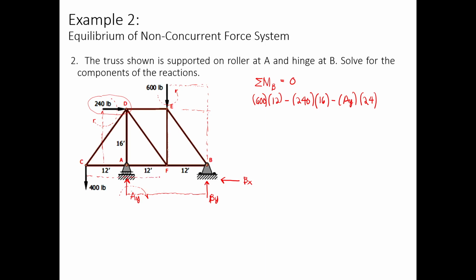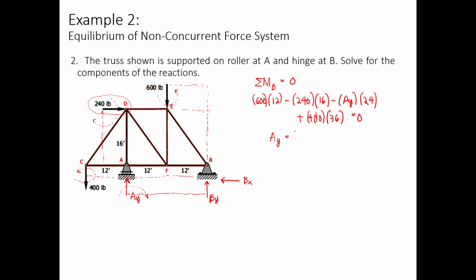That will be a distance of 36, and the rotation it creates is counterclockwise, so it is positive. So plus 400 times 36 equals 0. Notice that only A sub y is unknown, so we can now solve for it.